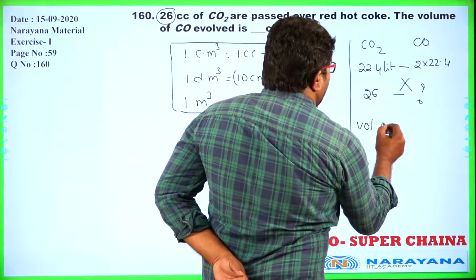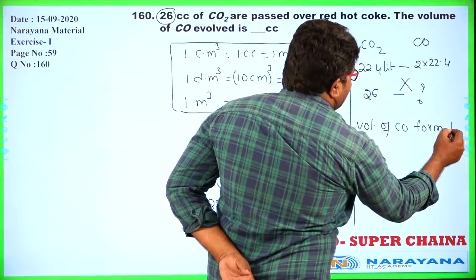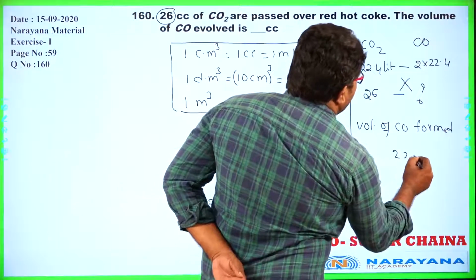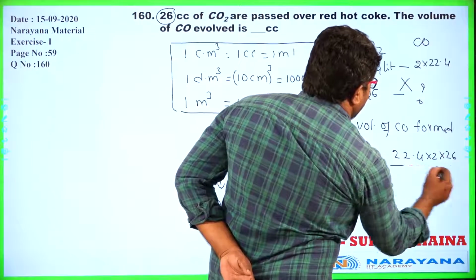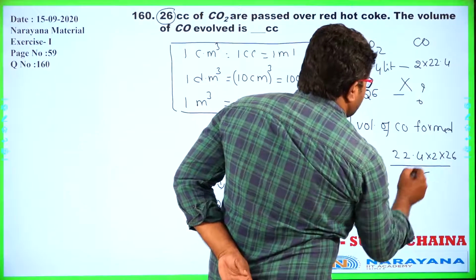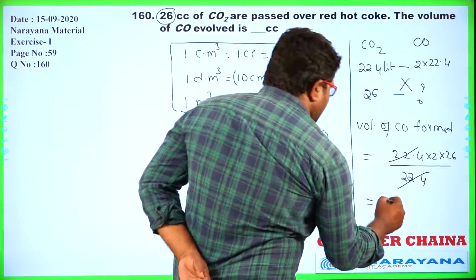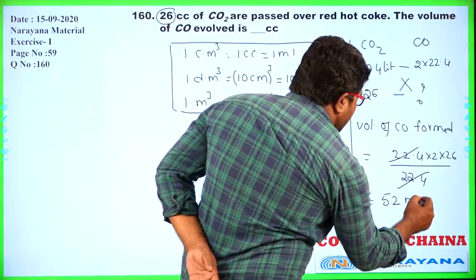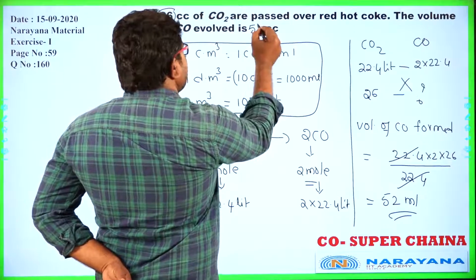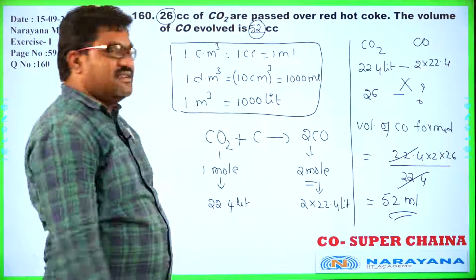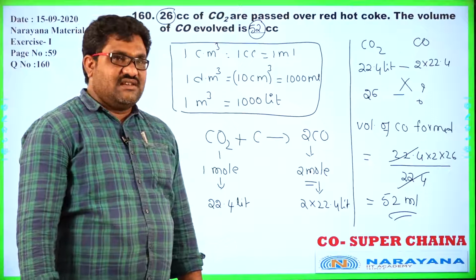Volume of CO formed equals 22.4 into 2 into 26 divided by 22.4. These are liters but 26 is milliliters, so that is 2 into 26, which is 52 ml. So the answer is 52 cc. Is it clear? This is also a volume relation. Let us go for the next one.